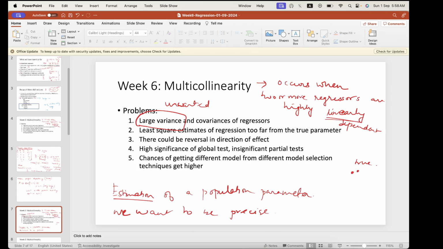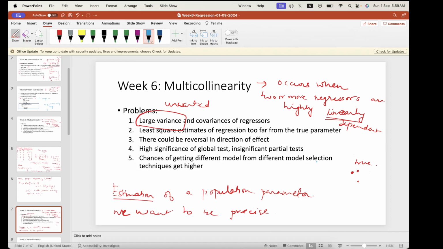Now if the variance of our estimators is very large, then there will be a lot of fluctuation. It can be here, it can be here, it can be here. So the goal and aim is to have a precise estimate.